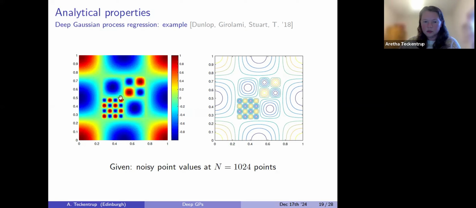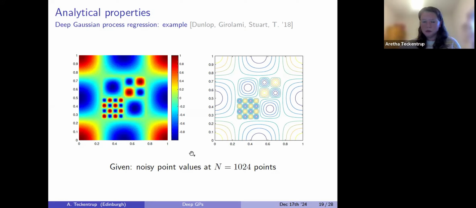Here it's just a standard plot, so it's a function of two variables, and this is the corresponding contour plot. I'm assuming that I have 1,024 observations of this function with some noise, on a regular grid.